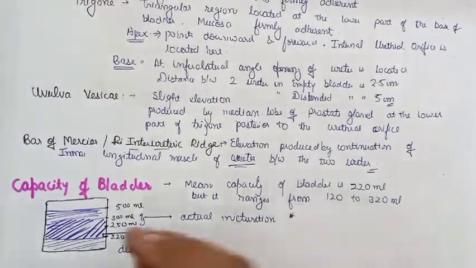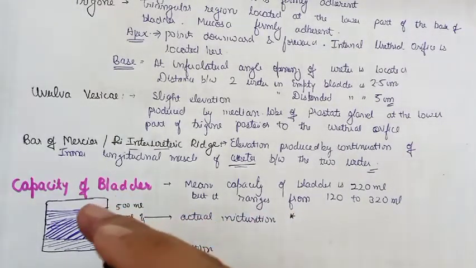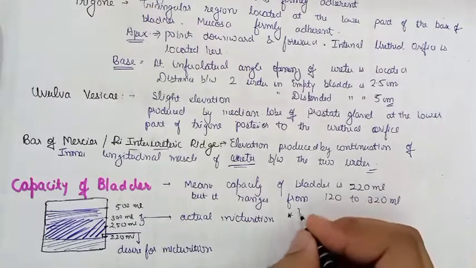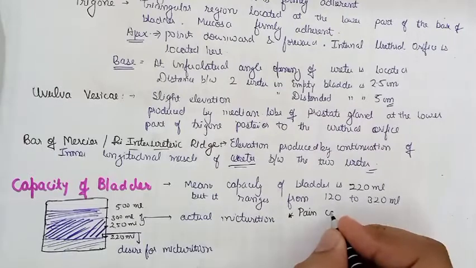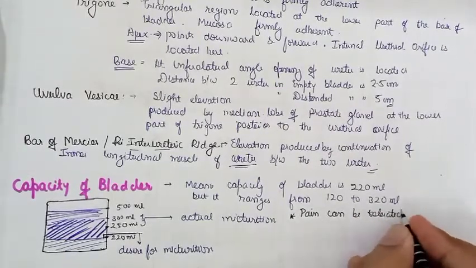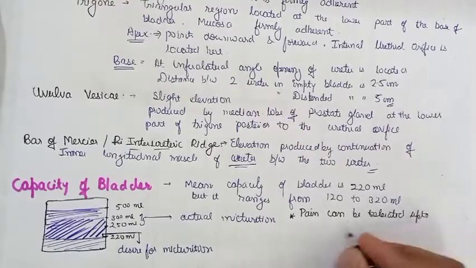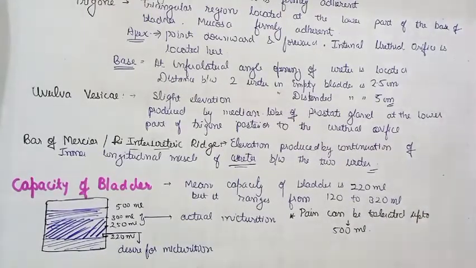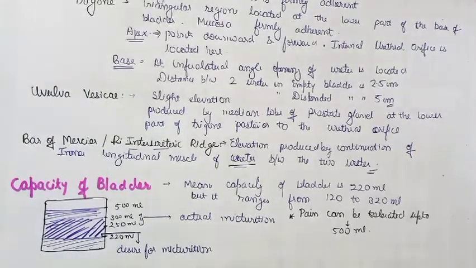So as the bladder fills above 300 ml, the pain starts, but the pain can be tolerated up to how much? 500 ml.